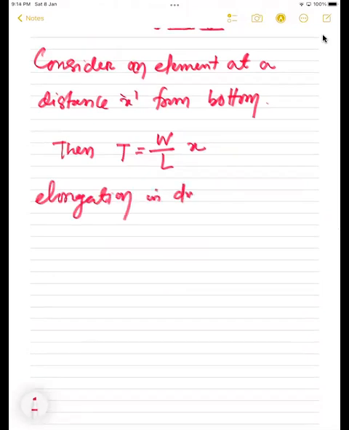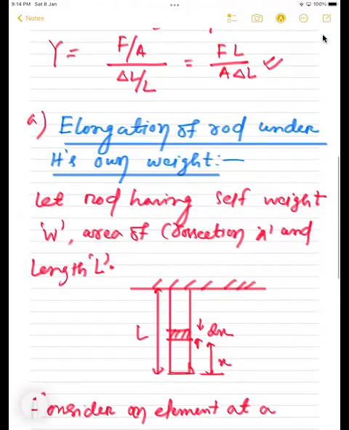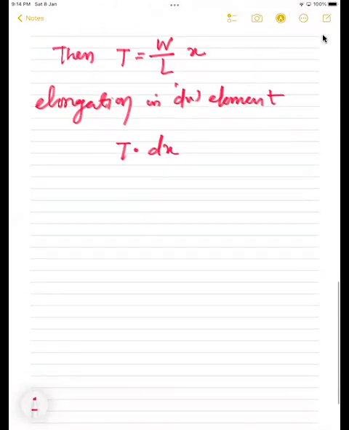Elongation in the dx element is equal to T into dx. Students, see here, force, how much force, what is the length, into area. So elongation in the dx element is T dx by A into Y, right?